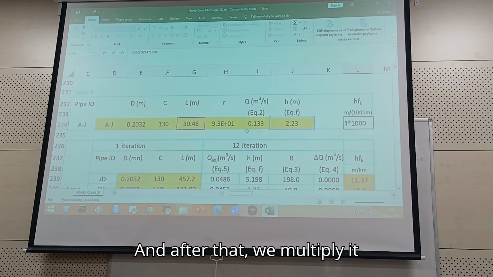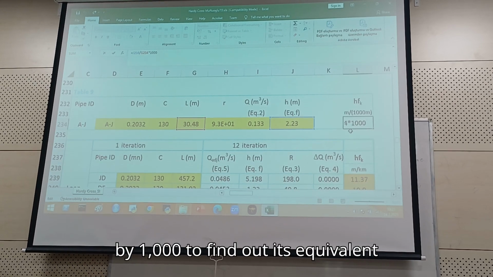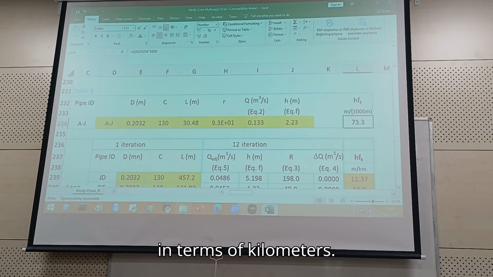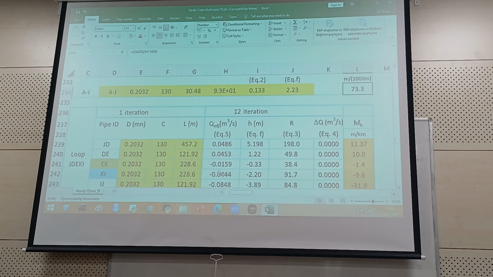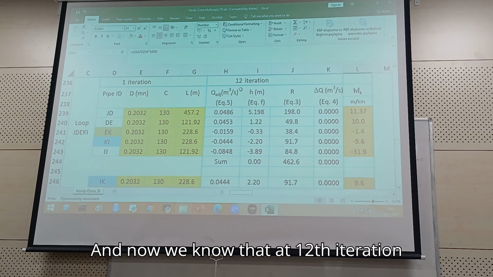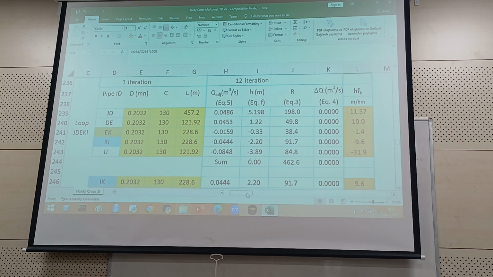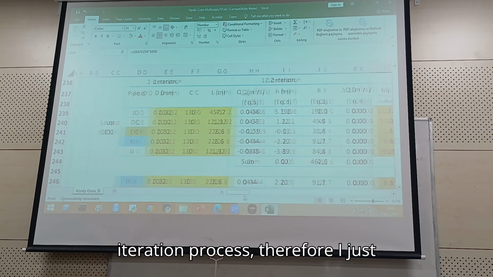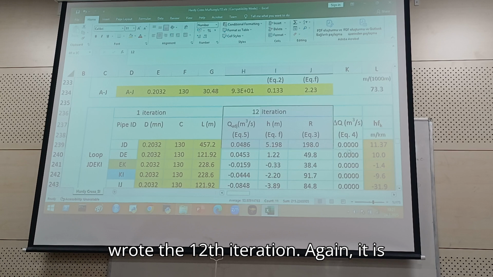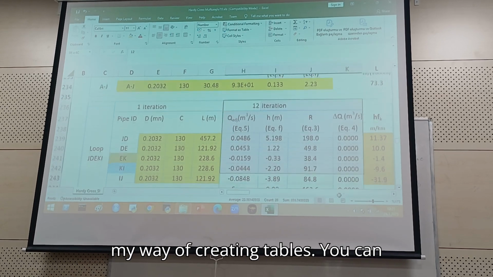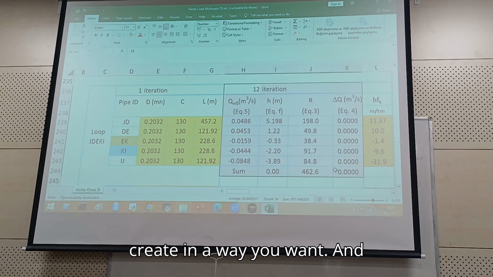After that, we multiply it by 1000 to find its equivalent in kilometers. And now we know that at the 12th iteration we have completed our iteration process. Therefore, I just wrote the 12th iteration. Again, it is my way of creating tables. You can create it in a way you want.